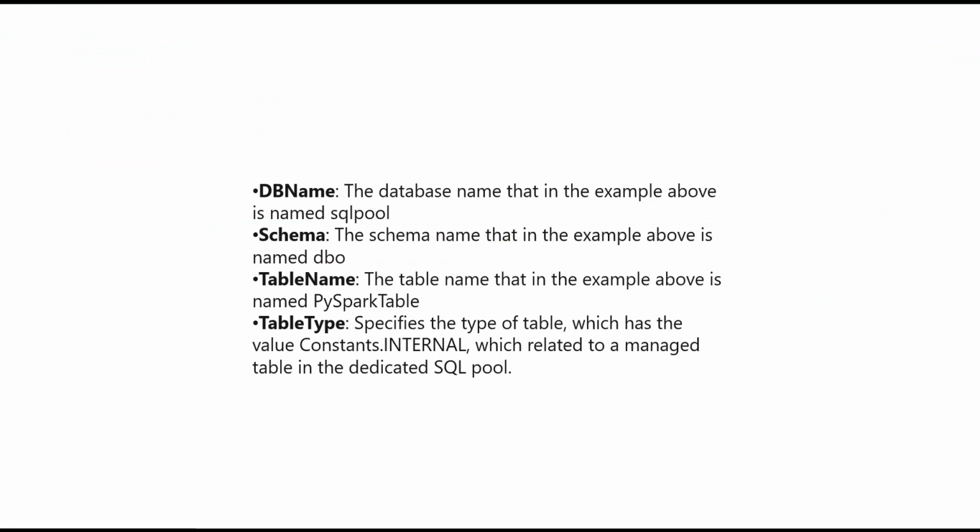The parameters that we can use for the second line are the DB name, the name of the database in the SQL pool, the schema, that is the name of the schema, dbo, and the table, the PySpark table. The table type is where we can specify a constant internal, which relates to a managed table in a dedicated pool.